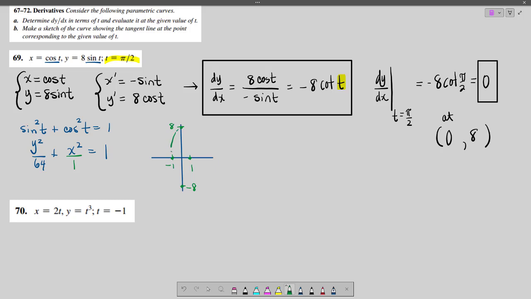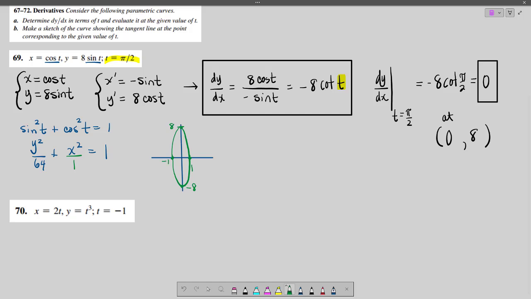Now there's no restriction on this, right? There's no domain restriction. So we actually are going to get the full ellipse, since there's no restriction. Let's move that little 1 so that we can read it.